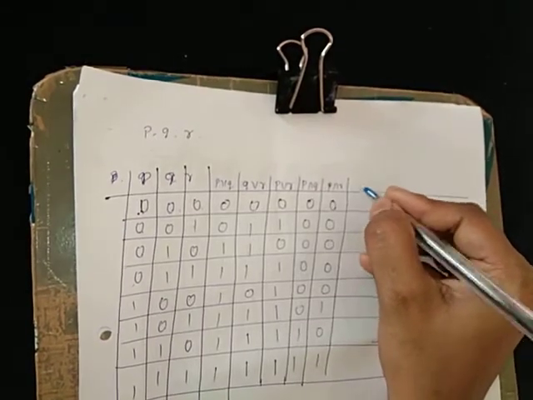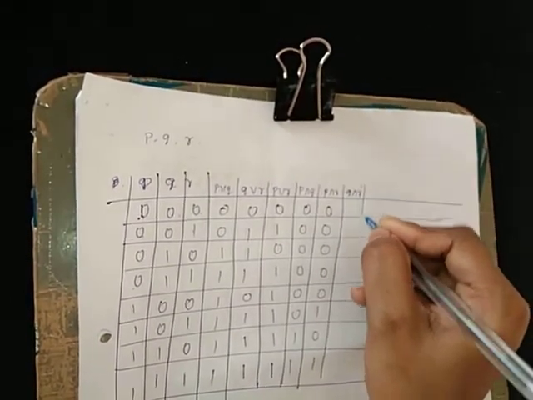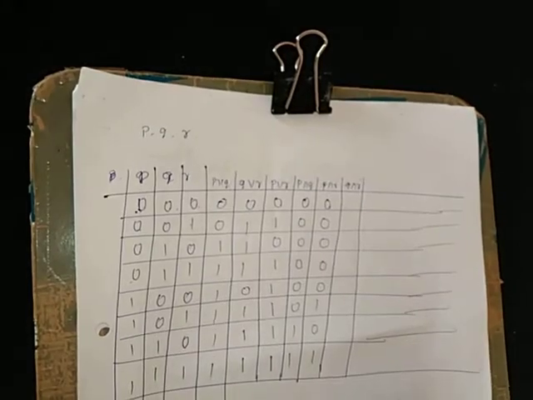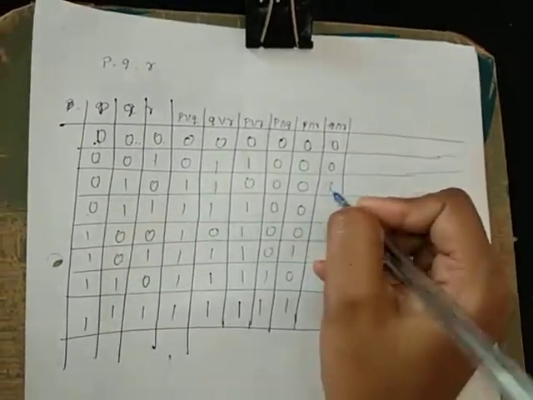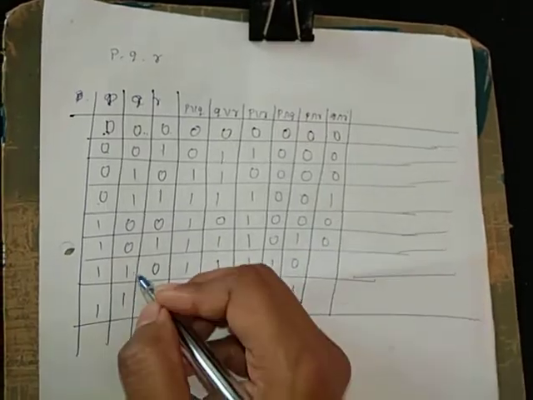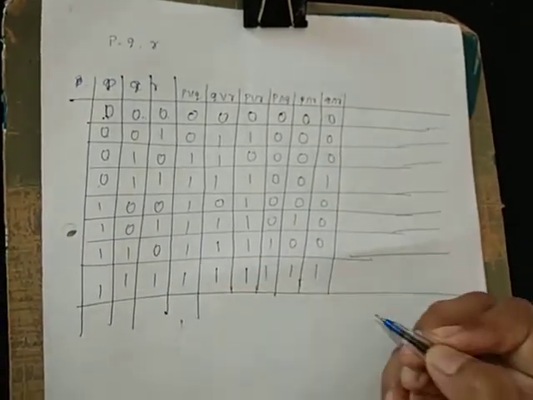Now construct Q and R. So 0 and 0, 0 and 1, 1 and 0, 1 and 1, 0 and 0, 0 and 1, 1 and 0, 1 and 1.